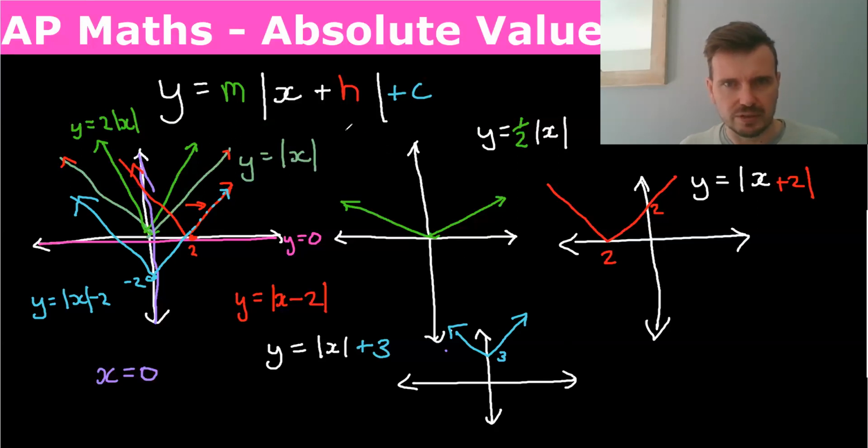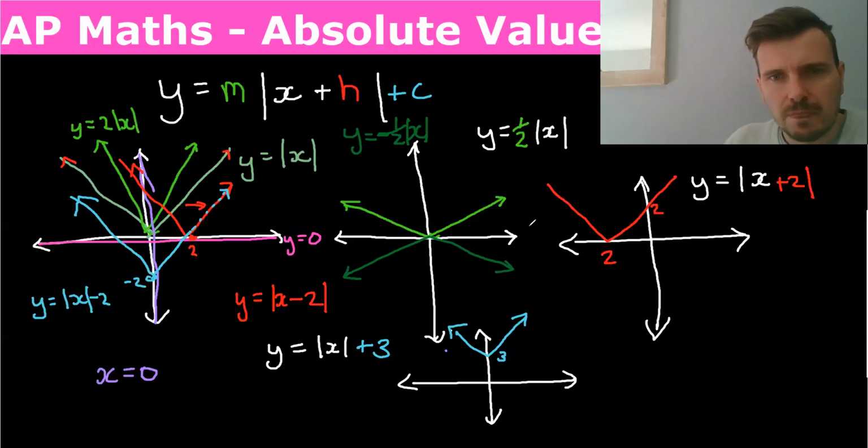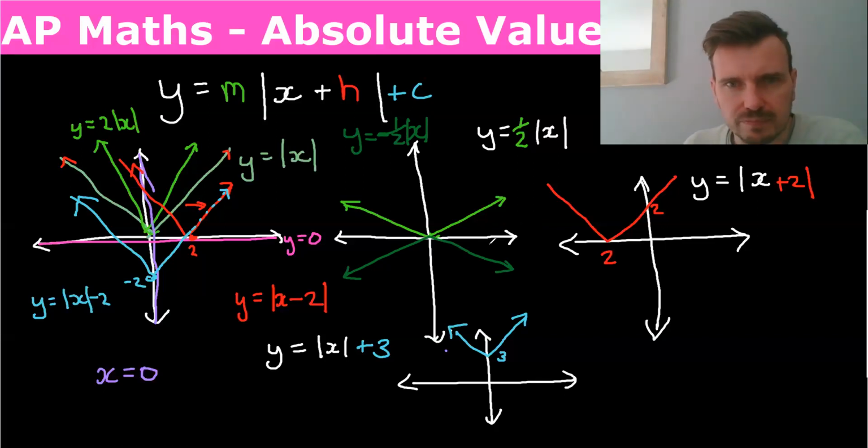So if we had y equals minus a half x, it's exactly the same graph, but it's pointing downwards. They won't have the same gradient, but the angle would be the same. So if it was a 2 or negative a half, or a 4 and a negative a quarter.